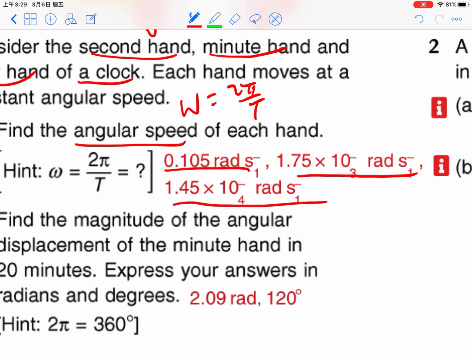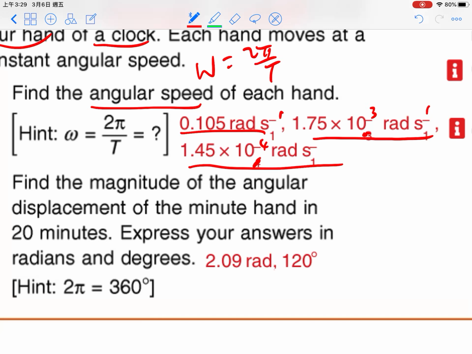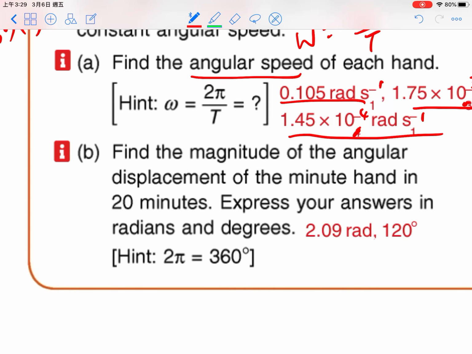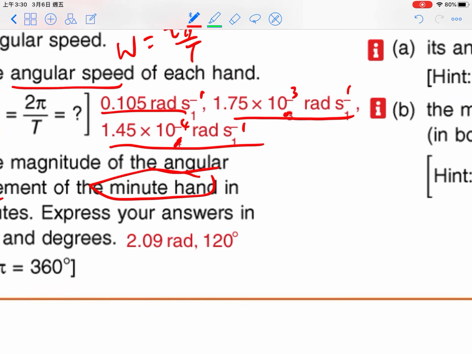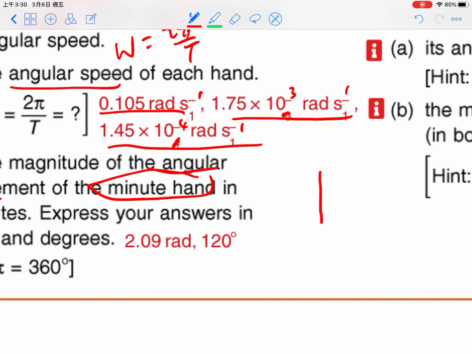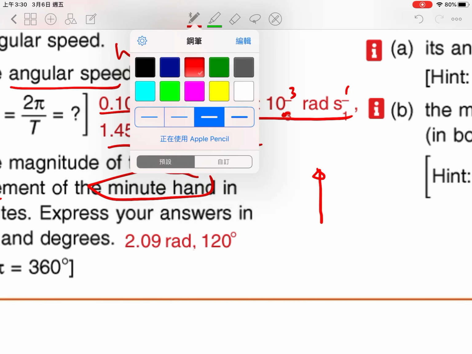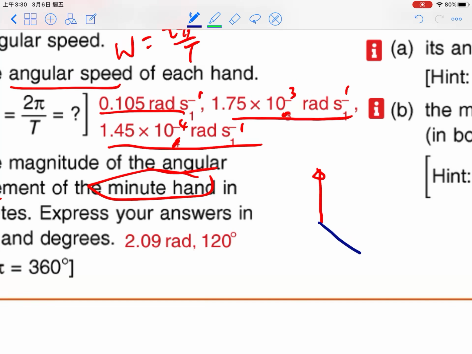Don't forget the unit of the answer should be radian per second. Radian per second. For part B, find the angular displacement for the minute hand in 20 minutes. So, okay, suppose the minute hand is pointing upward. Okay, after 20 minutes, it will be here.